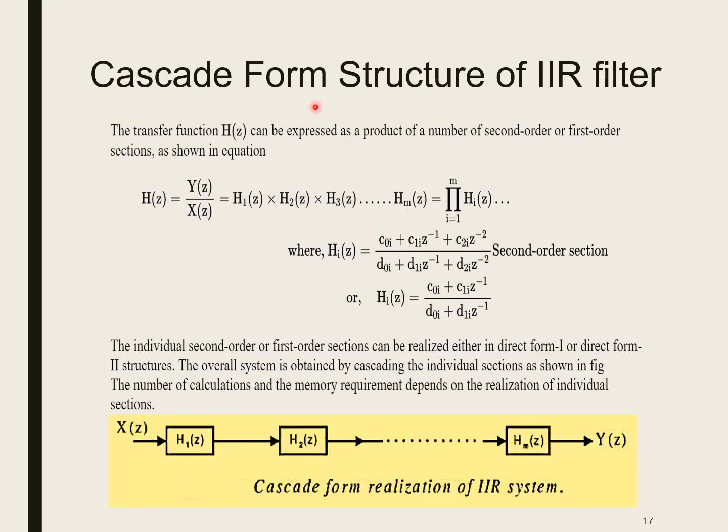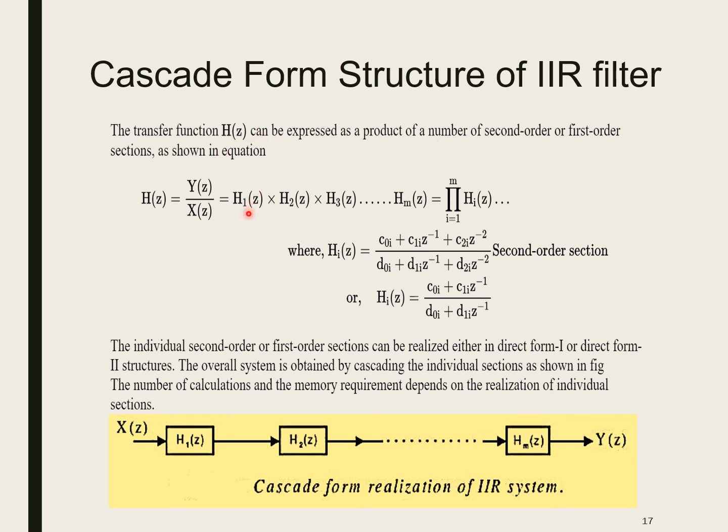The next structure is cascade form structure of an IIR filter. We all know what is a cascade form structure, right? The transfer function can be expressed as a product of number of second order or first order sections as shown in the figure.